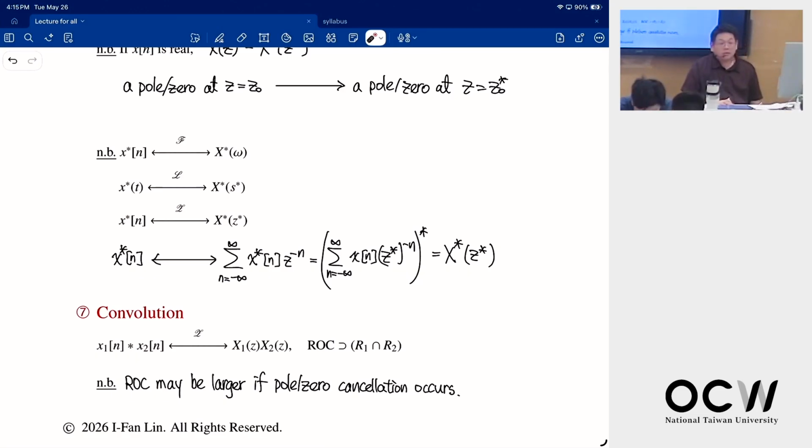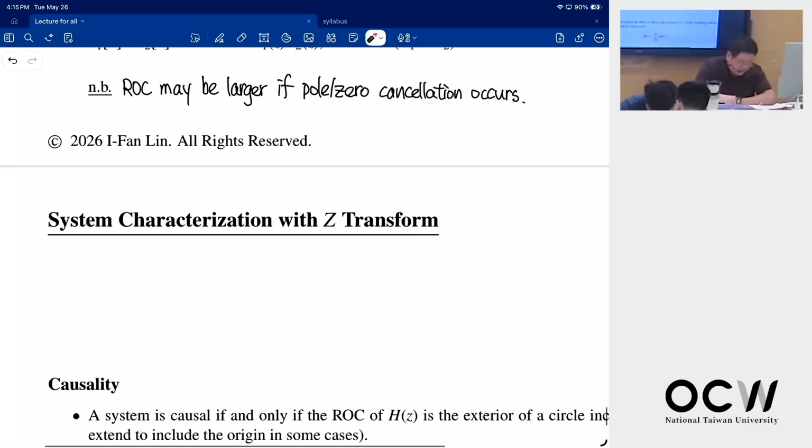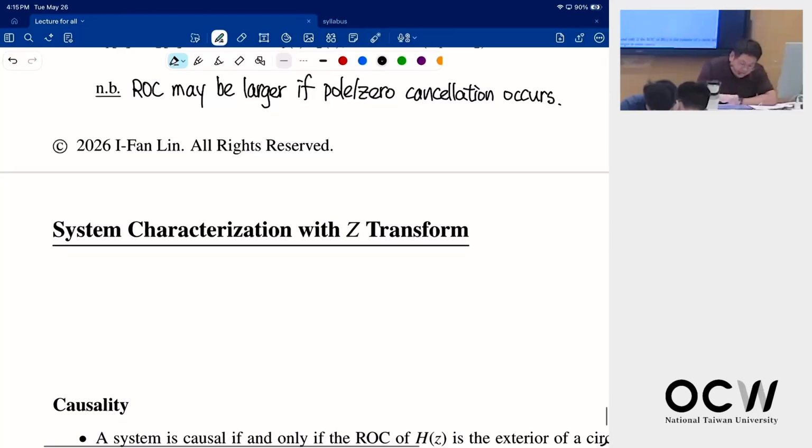Now we just learned the Z transform, and we need to apply the Z transform to our system, the LTI system. Like the Laplace transform, we need to check the causality and also the stability of the system. So again, if I have a signal, I send it to the system.